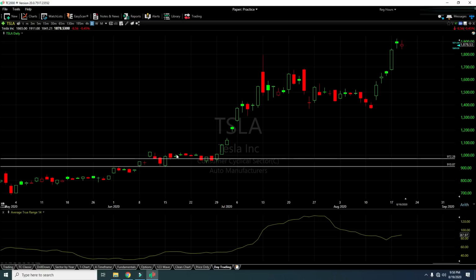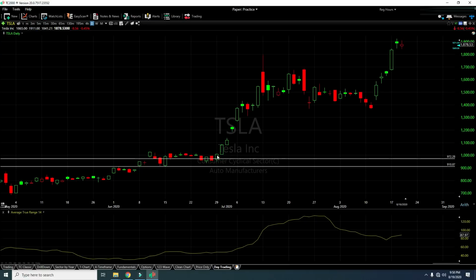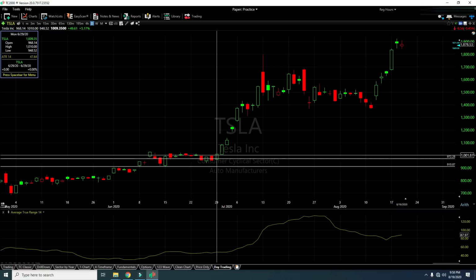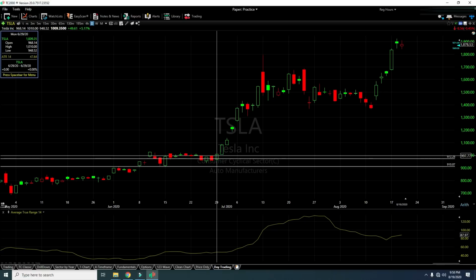If you miss this opportunity, when the price hovers around the support area, right here, again it forms something like a bullish hammer or bullish engulfing, something in between right here. That's a second opportunity to go long.